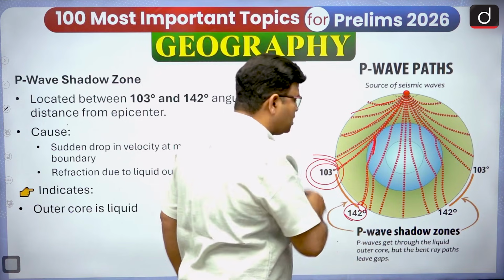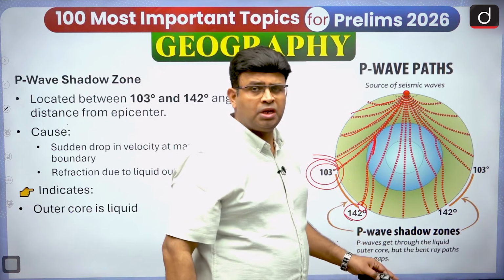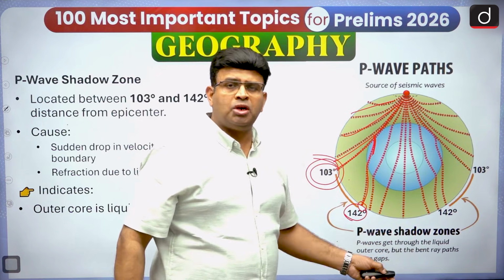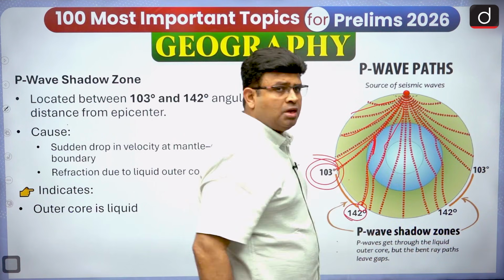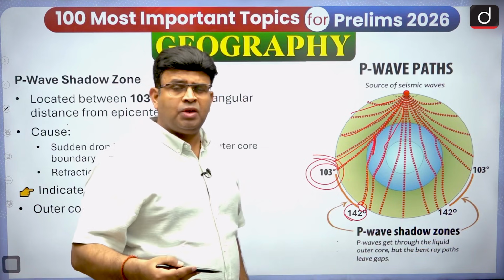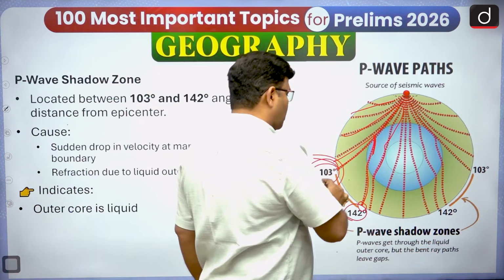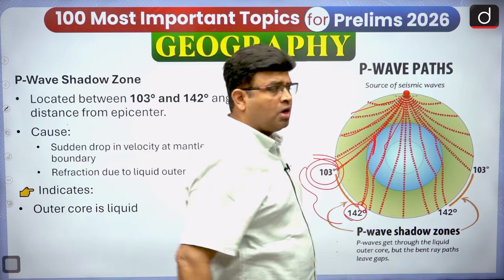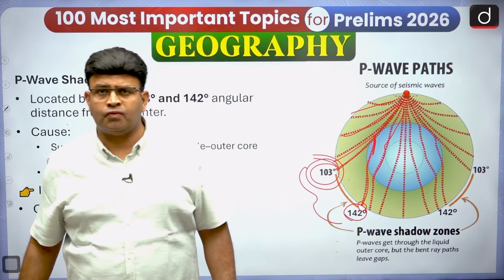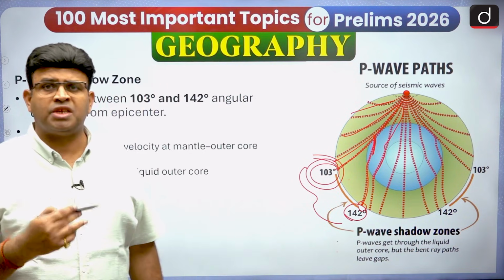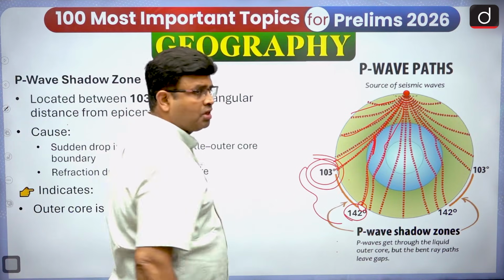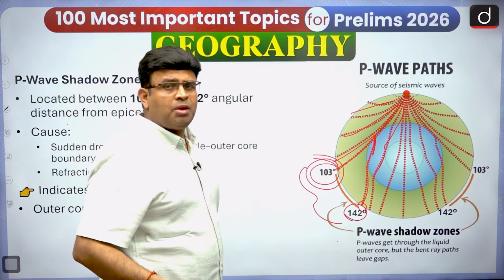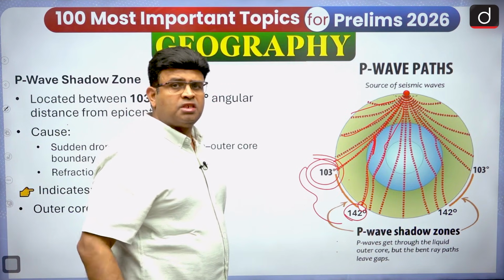So between 103 to 142 degree, P waves are not able to come, and everywhere else P waves are visible with respect to the focus. Only between 103 degree to 142 degree does the P wave shadow zone exist, and if any seismic station exists in this region, it cannot detect seismic waves.